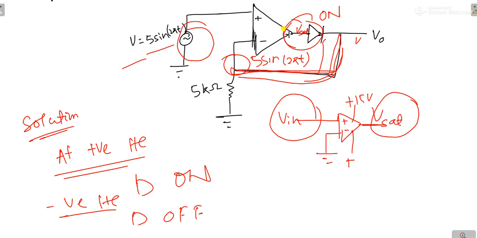If the diode is off, then there is no feedback circuit.